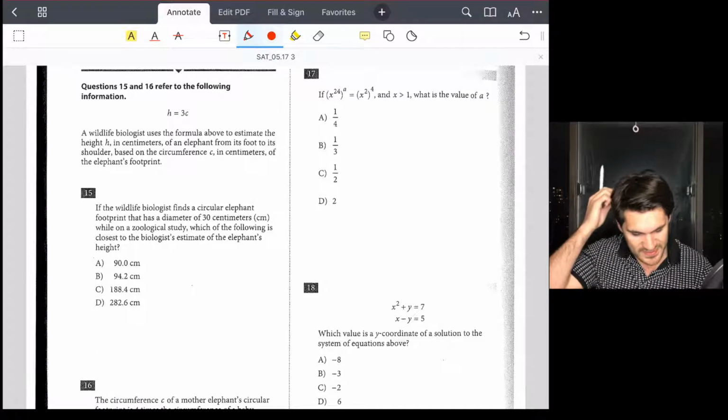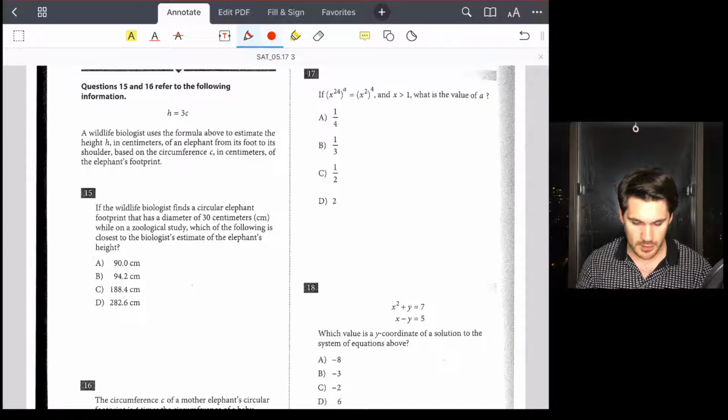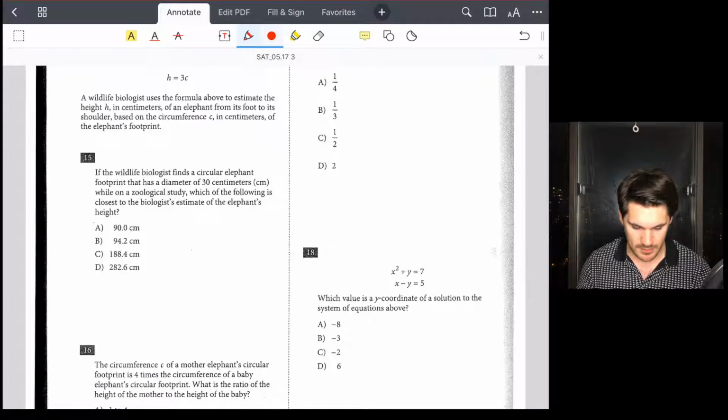Okay, number 15. So, whenever they give you a formula in a question, use it. Here we have h equals 3c. So number 15, which is closest to the estimate of the elephant's height if the diameter is 30. So we're going to start with the equation. H equals 3c. Now, c is the circumference, not the diameter, right? So we need to figure out what the circumference is.